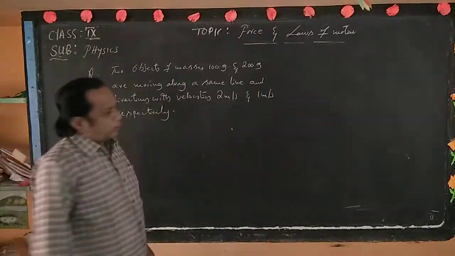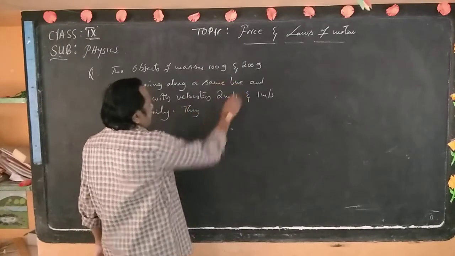Now what happens? They collide. These are the initial velocities.